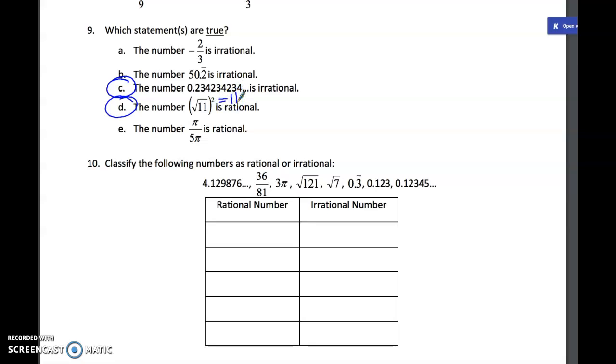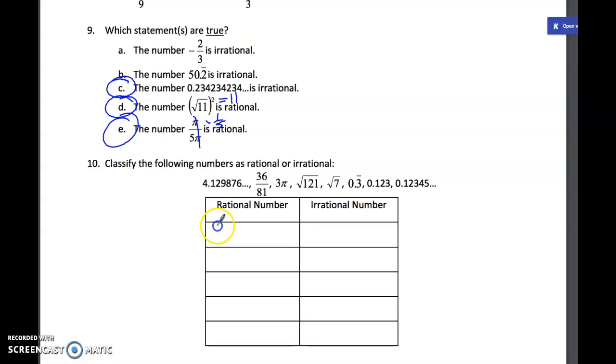E, pi over 5 pi is rational. That is true because those will actually divide out and end up giving us 1/5. So it is rational.